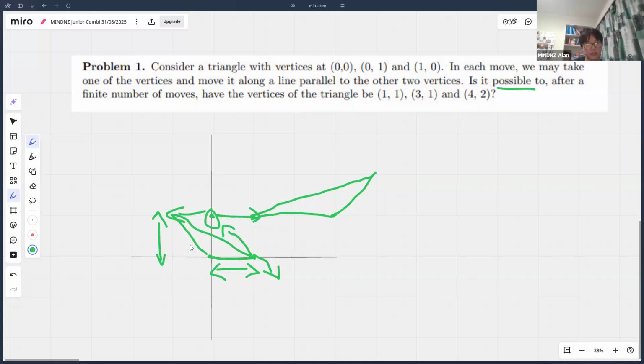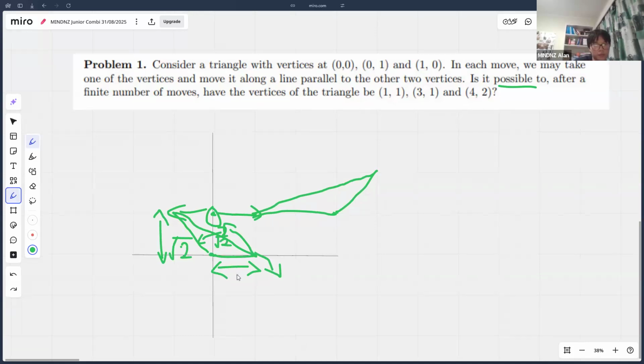The base will be square root of 2. And then the height will be square root of 2 over 2, or 1 over square root of 2. So the area of the triangle that we are trying to move will always stay at 1/2.